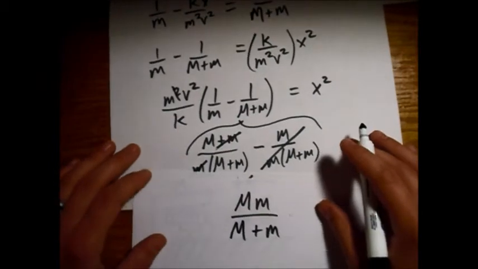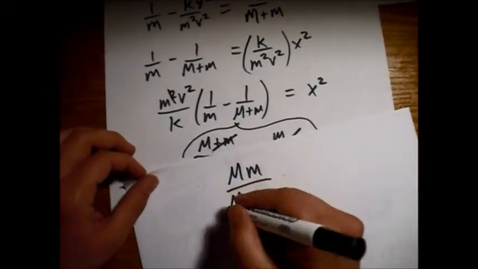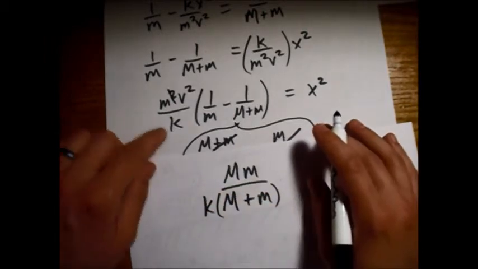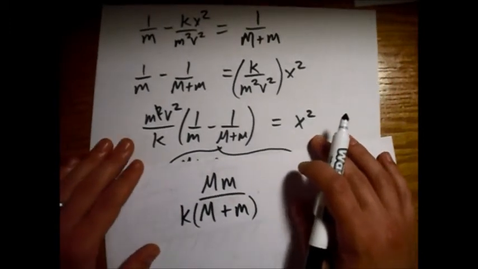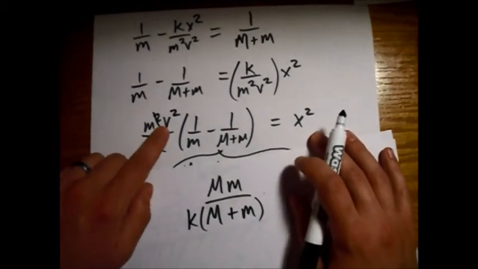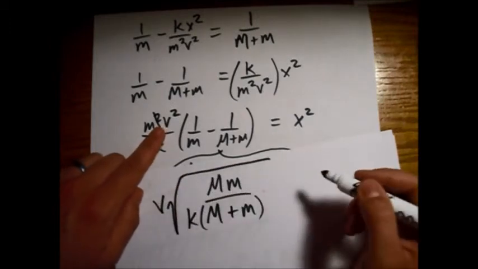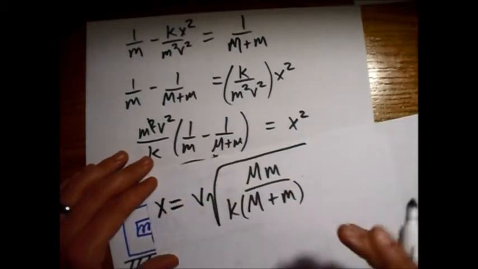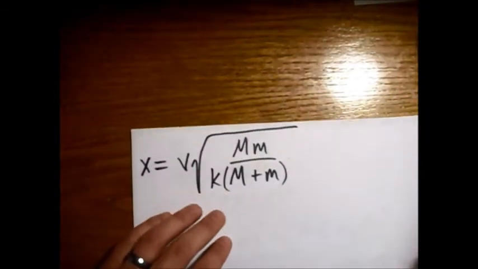Okay, one of those nice average mass things that turn up a lot. And then downstairs we still have this k, the spring constant, and we're going to take the square root of all of this. We still have this v squared, but that can come outside the square root as just a v. And there we go. So this is, I guess you could say, a prettier form for it.